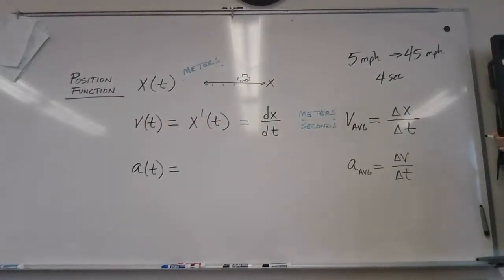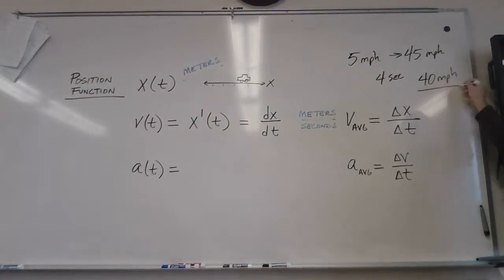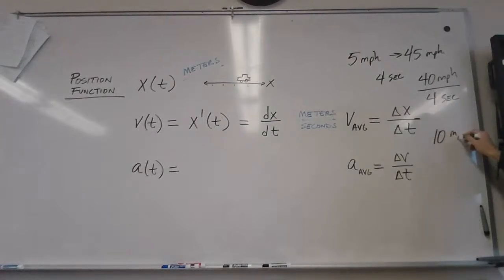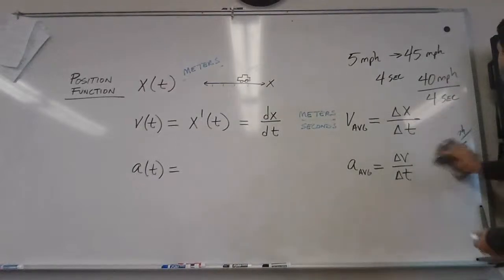You have to be careful with your units, because the acceleration is 40 miles per hour per 4 seconds. You might say it was 10 miles per hour per second, but you wouldn't say miles per hour squared, because you're not dividing miles per hour by hours. That still makes sense? Okay.